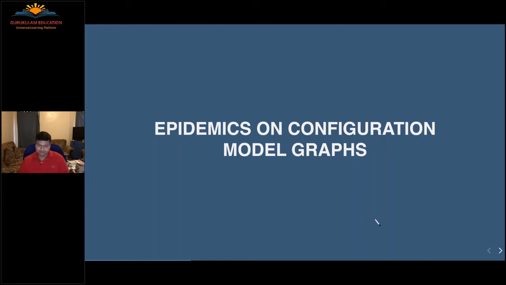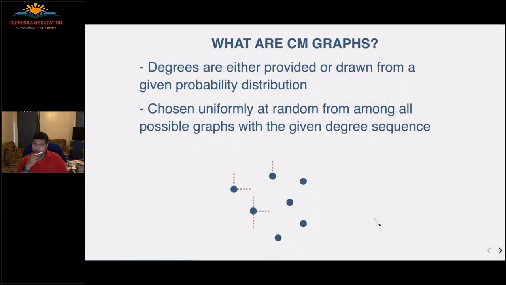So in order to build a model on the network, we need a model for the network itself. One convenient model is known as the configuration model network. It's a random graph, and it's very convenient analytically because you can either provide a degree sequence for your graph, or you can draw your graphs from a probability distribution.